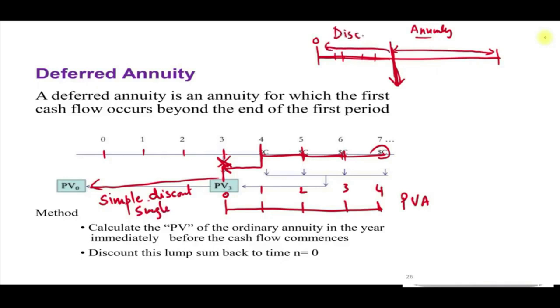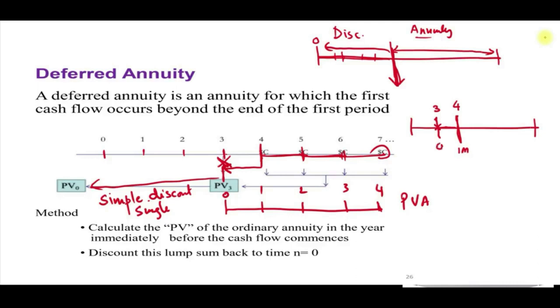Now what is the rule? The rule is, if you have a given timeline, the first cash flow happens at year 4, so you have to take 1 year less to make it year 0, so that is 3. So 3 would be the base year. Although cash flows start from year 4, we are going to take 3 as the base year for cash flow 1.